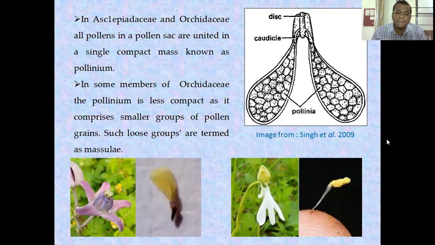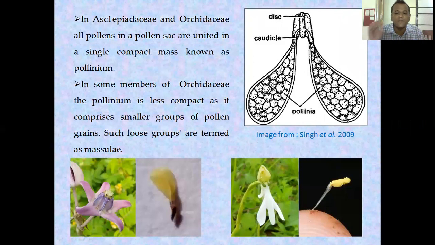Now, in the families Asclepiadaceae and Orchidaceae, all pollen grains in a pollen sac are united in a single compact mass which is known as pollinium. Here you can find the structure of pollinium.